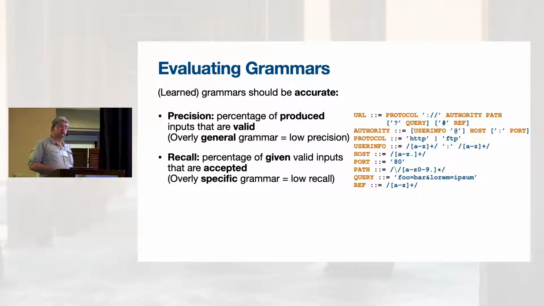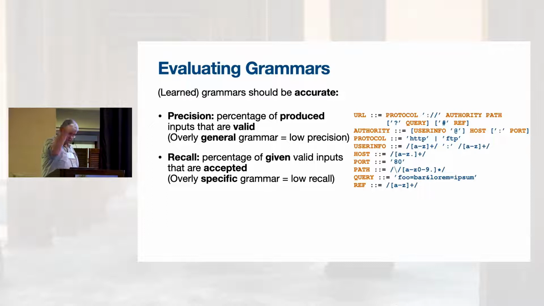But you also want your grammar to have a high recall. Namely, you should accept as many valid inputs as possible. And here you can see that the query in here is overly specific. So this grammar will only parse inputs that contain this exact string as a query. So this query is not perfect in terms of recall.